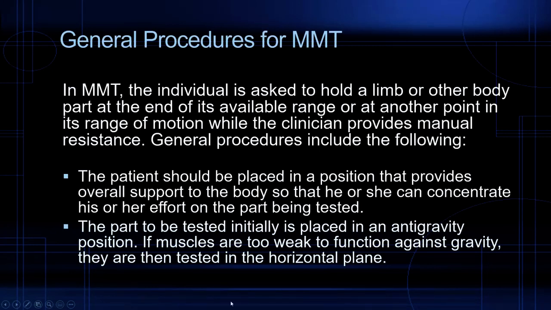Okay, so first of all, you test the muscle initially through gravity, and if it's too weak, then you place them in a gravity eliminated position. So again, if you look at your grading scale on page 40, you can see how a 3 is delineation for gravity. A 3 means that they have the full available range of motion against gravity.